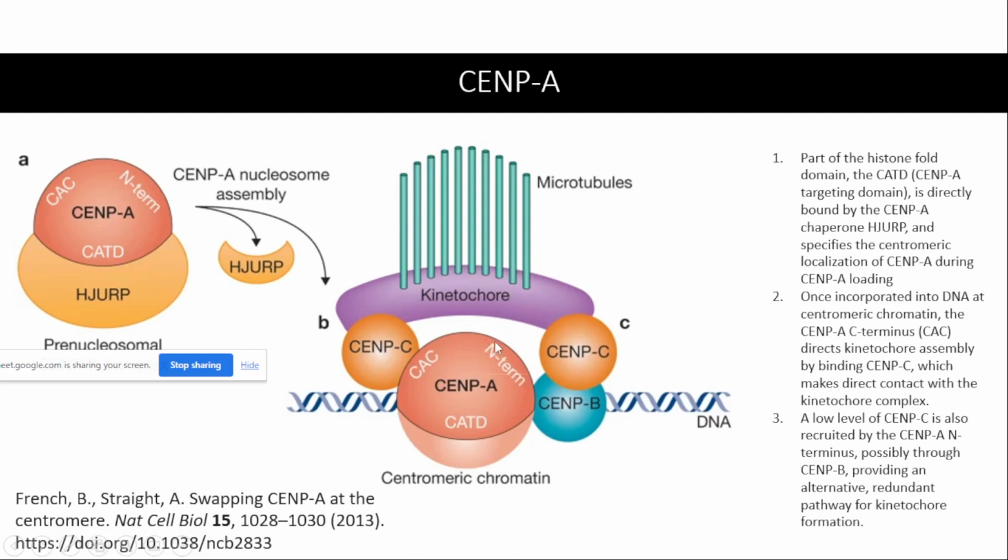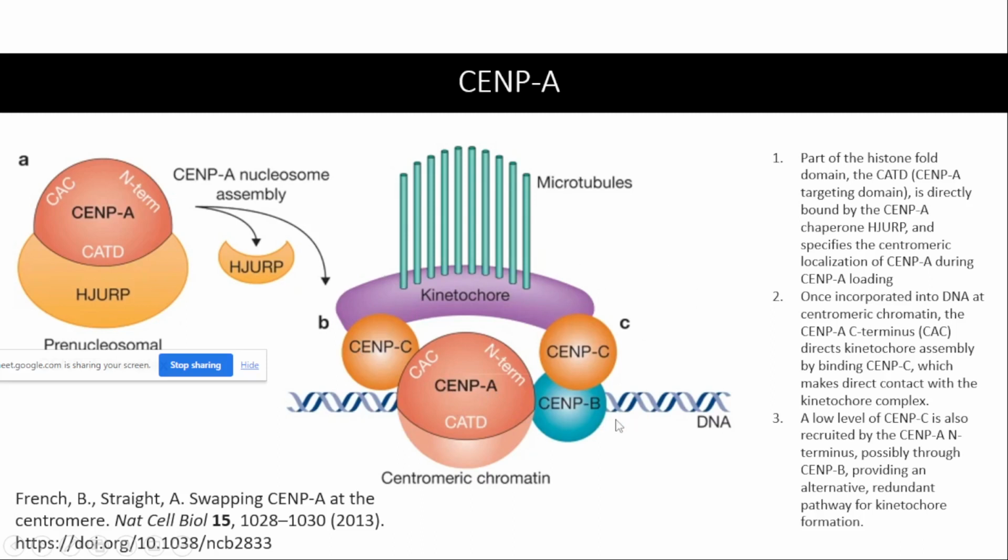When CENP-A is recruited to the centromere by virtue of the CATD domain, the CAC will bind to CENP-C. CENP-C is another protein that can make direct contact with the kinetochore complex, so it acts as a landing platform for the kinetochore complexes. That's why the CAC domain of CENP-A is required to recruit the kinetochore complex to the centromere.